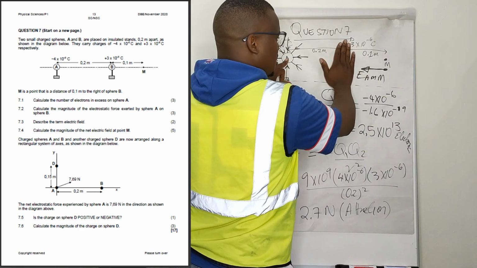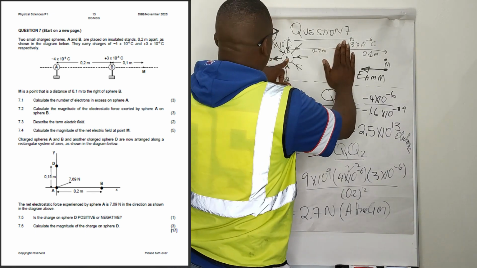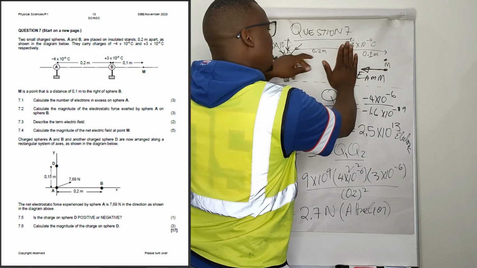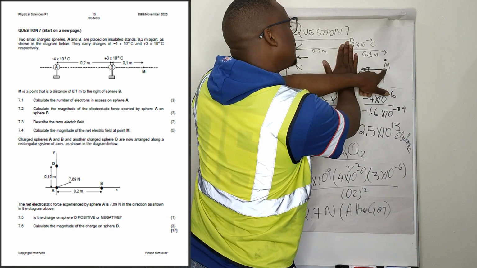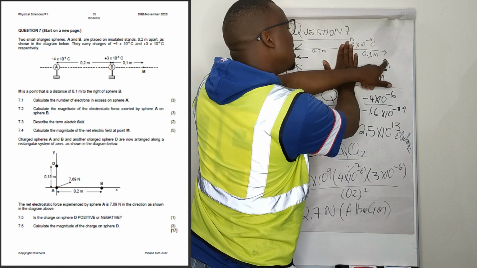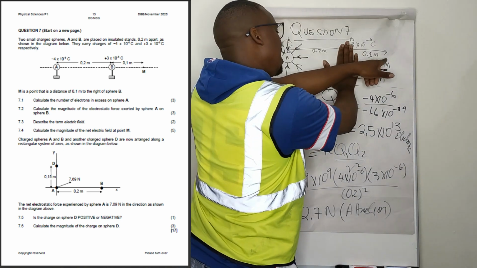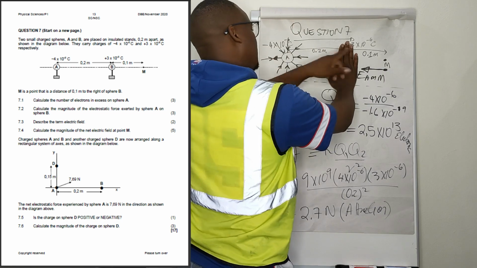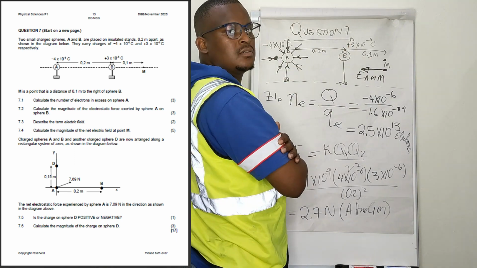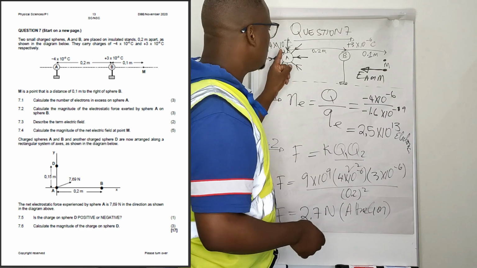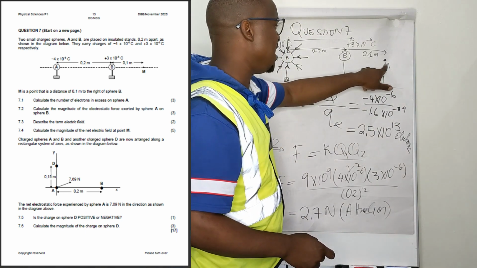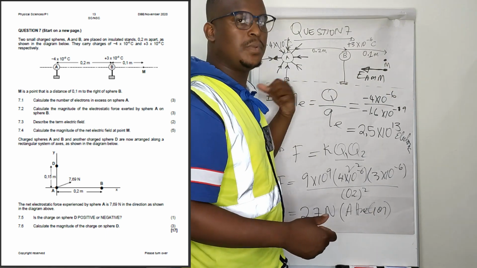Don't look at this charge here. Look at one charge at a time. Look at this one alone. If you have A here and you have a point here, which is M, M will experience a field to the left because of A, because A is pulling everything to this direction. So the electric field experienced by M as a result of A will be to the left.